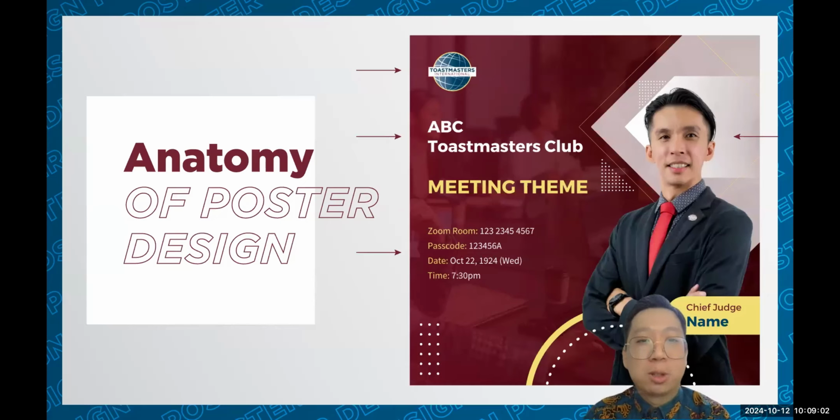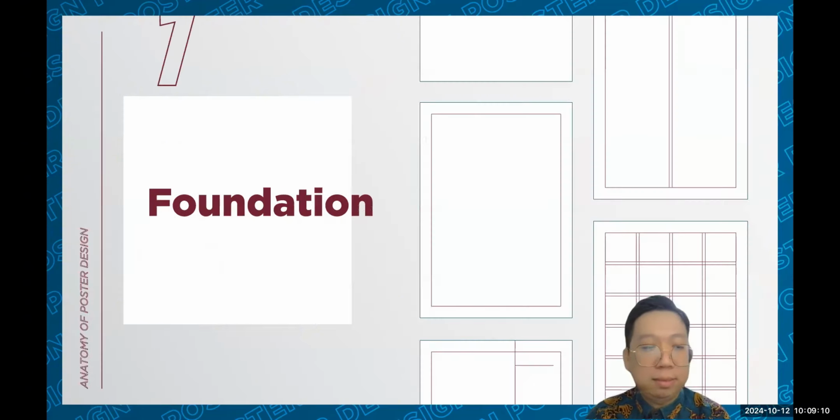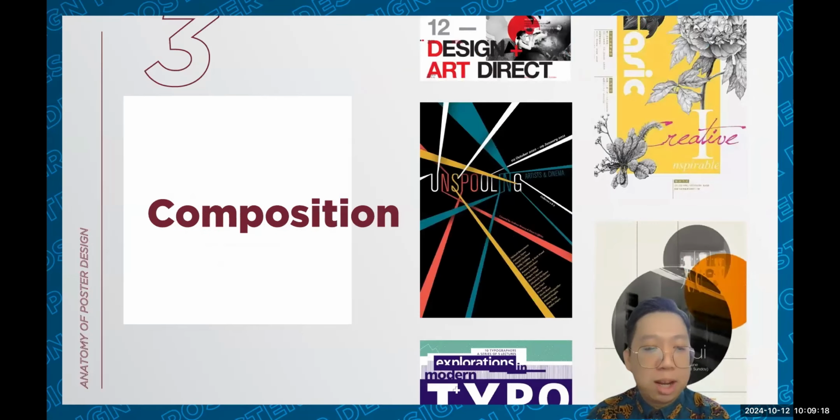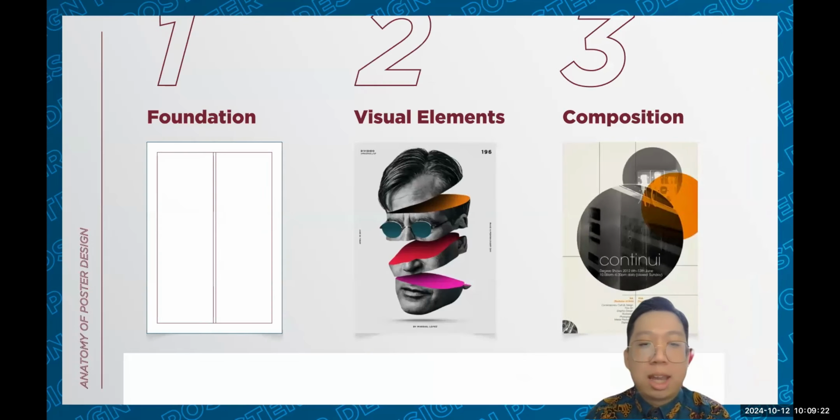So when it comes to the anatomy of poster design, I would like to think there are three key parts to keep in mind. One is poster foundation. Two, poster visual elements. And three, poster composition. These are the three key parts combined to make the anatomy of poster design.